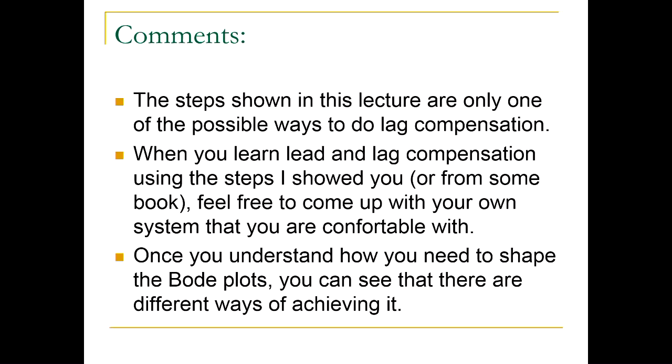So if you satisfy the specs, you are fine. There is lots of freedom in the way. So for instance, I picked the corner frequency of the zero in this example to be 10 times smaller than the new crossover. You could have chosen 15 times, 20 times, right? These things are not set in stone, right?